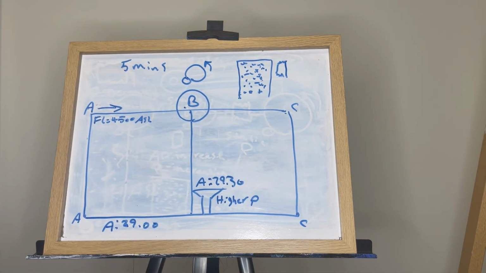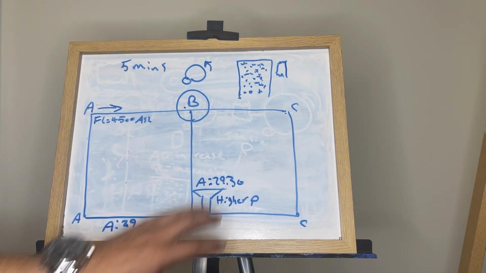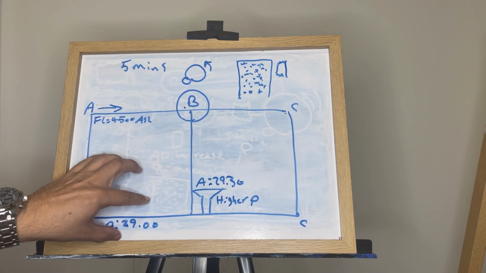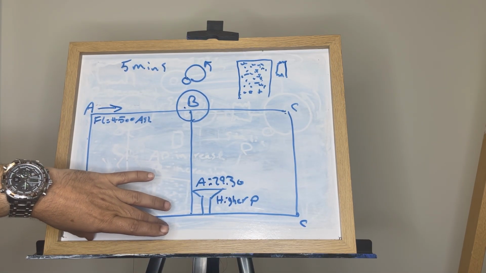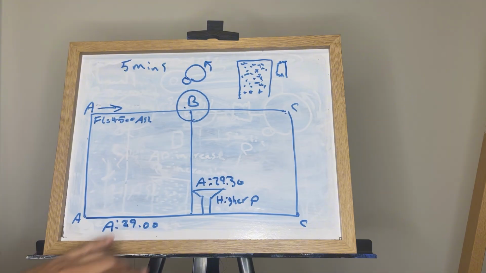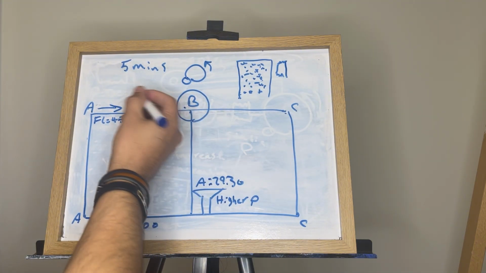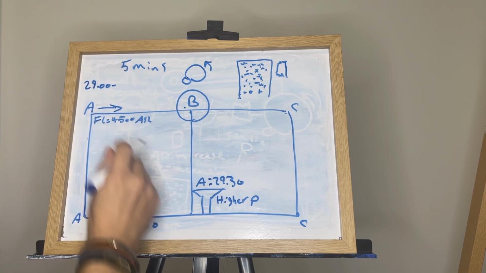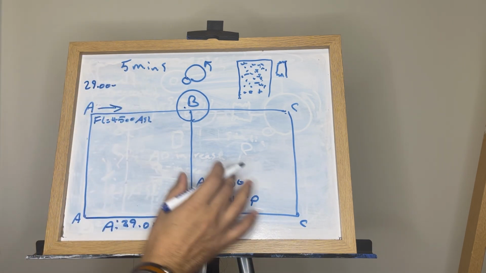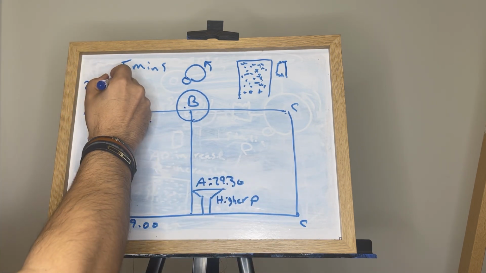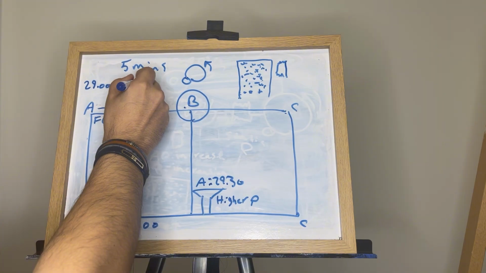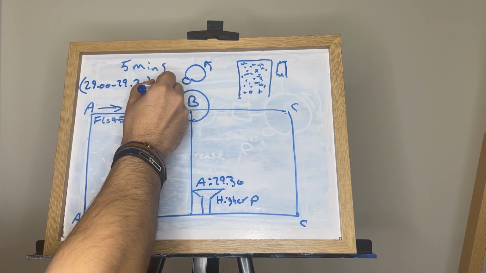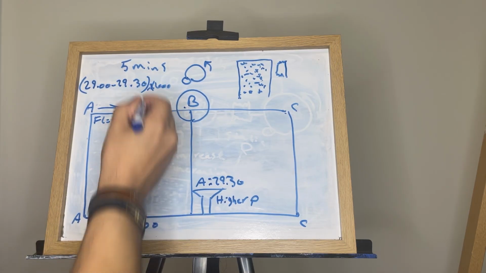How much decreasing we can calculate by subtracting the local pressure from the altimeter setting that you set before takeoff. So 29.00 minus the local pressure at this station, 29.30, multiplied by 1000. What's the 1000 feet?